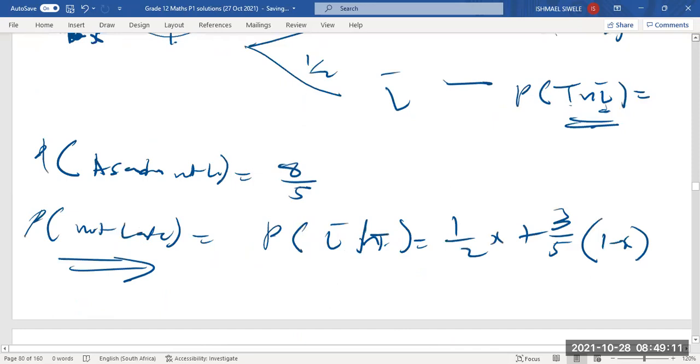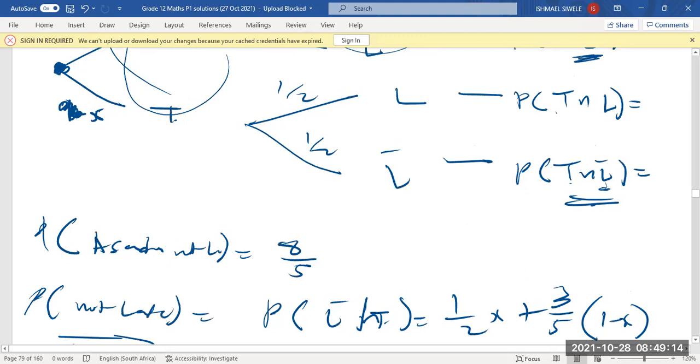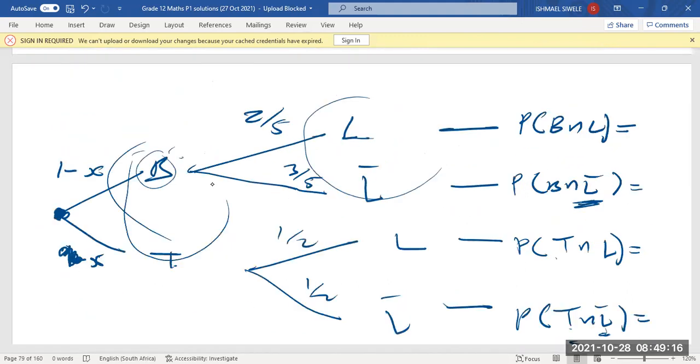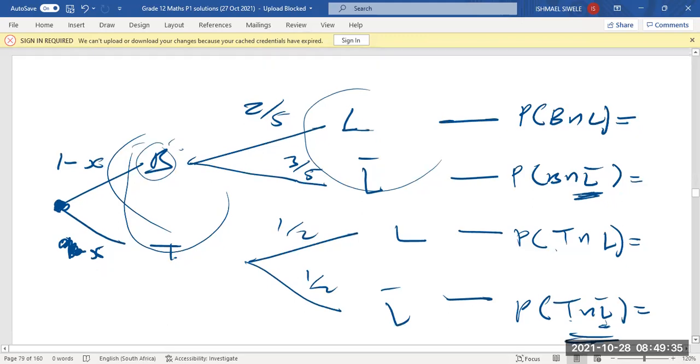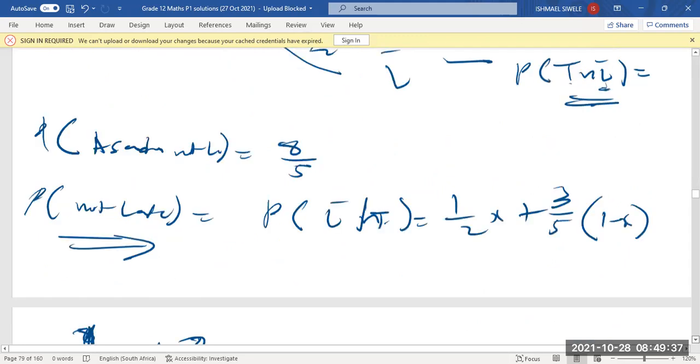On the tree diagram, wait, let's see. 1 minus 2/5, and that is 3/5. So where lies my mistake? I'm not sure where I made a mistake.